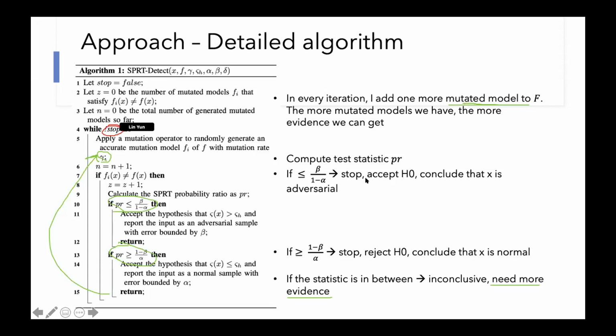It's only when we accept H0 or reject H0. Otherwise, we need to continue. So it's possible this algorithm never terminates. Does the paper discuss this point? No. That is weird, keep growing.